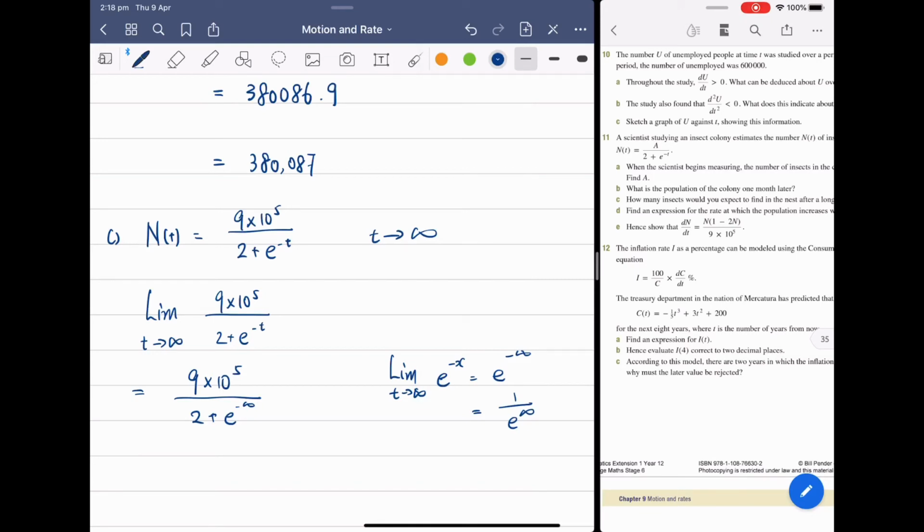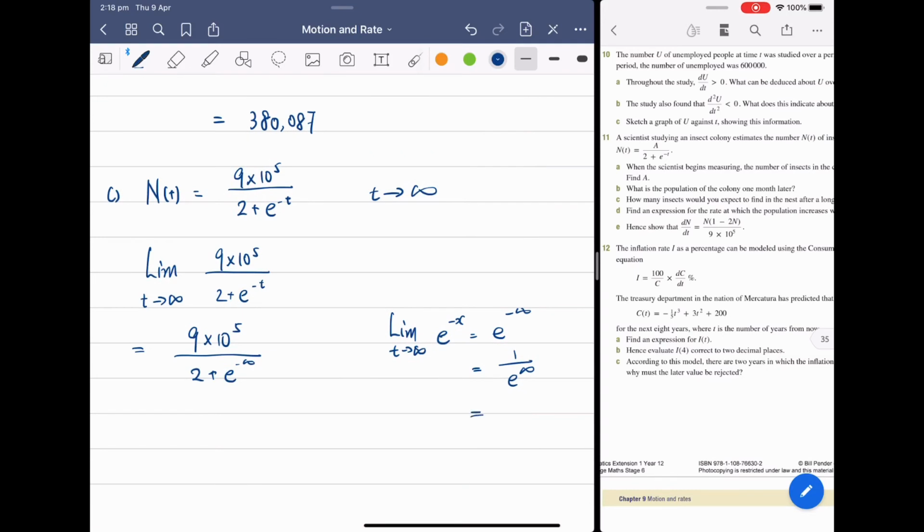And e to the power of infinity is a very large number. So you've got 1 over infinity. That answer is 0, it's approaching 0. So that tells you the answer would be 9 times 10 to the power of 5 divided by 2. So you can write 4.5 times 10 to the power of 5. Eventually, this is going to be the population of the insects.